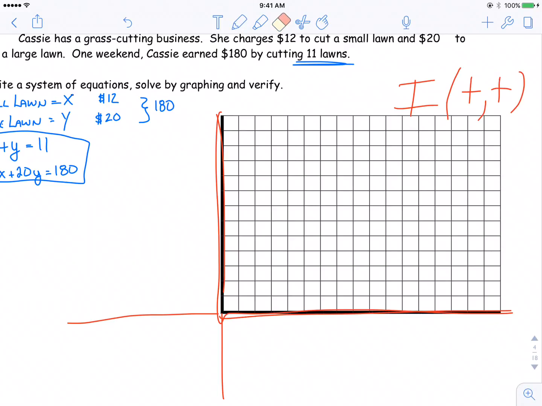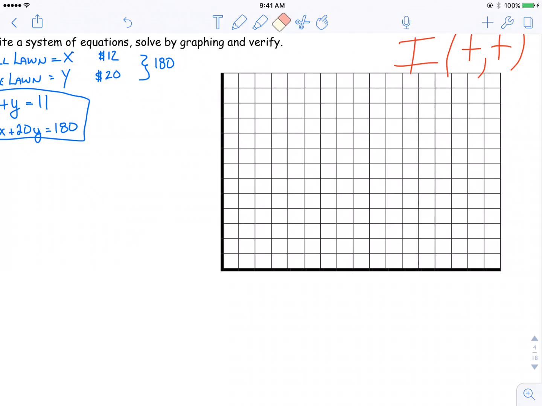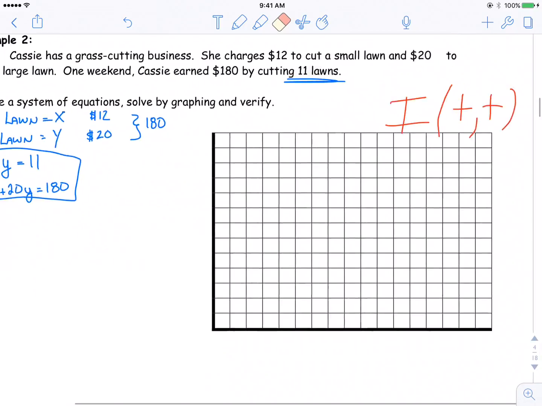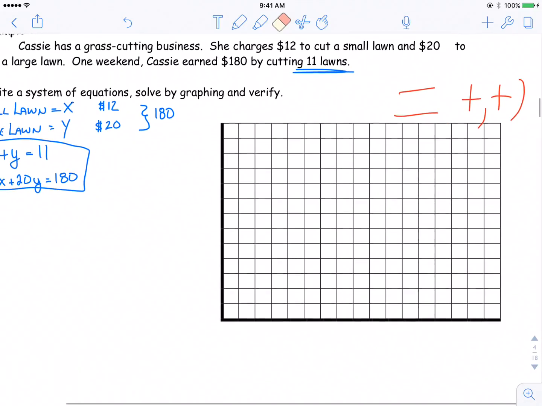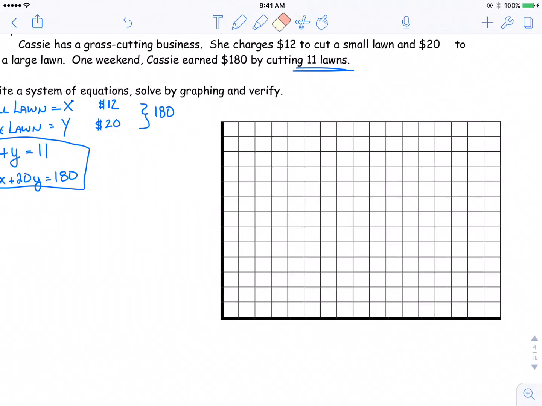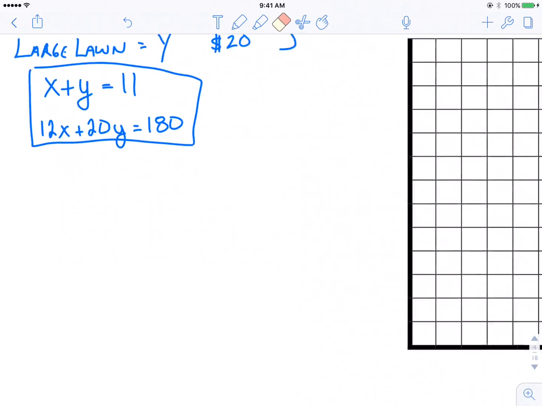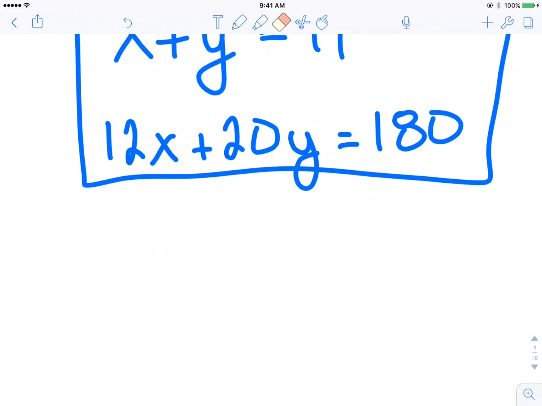Sometimes when you're using the slope-intercept method, you don't necessarily get a value that's able to be plotted in this positive quadrant. If that Y-intercept came up as negative, it's going to fall down here somewhere, and that's going to be a bit of a problem. So you have to be a little bit careful. That all being said, I'm just going to continue and graph these using the X and Y intercept method.